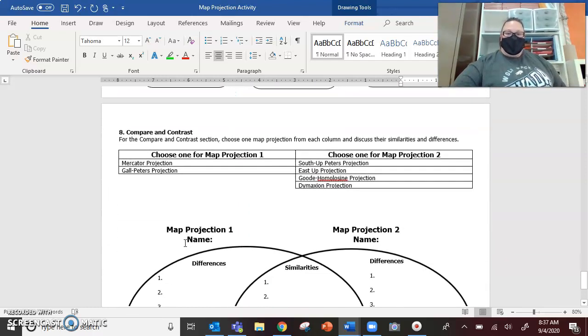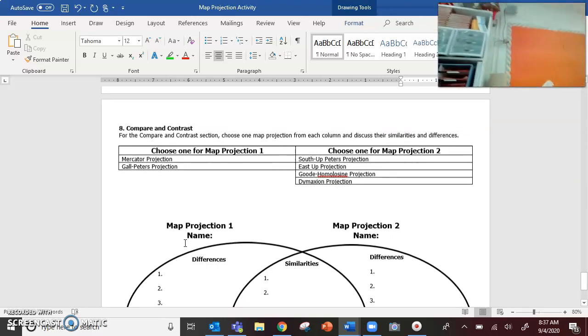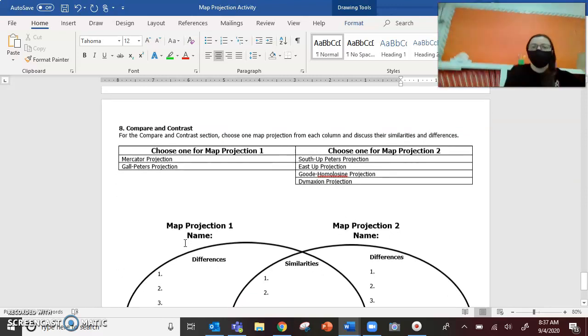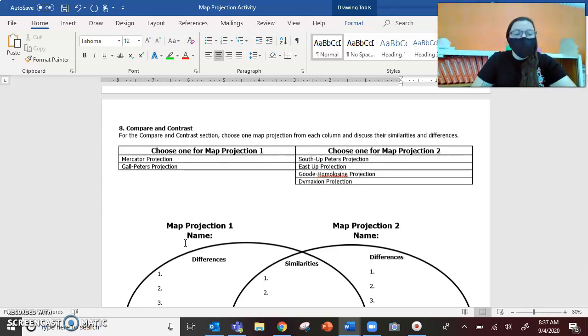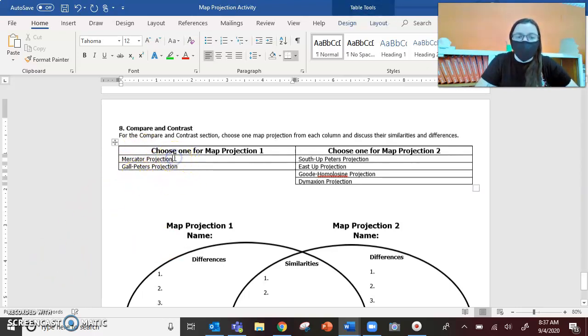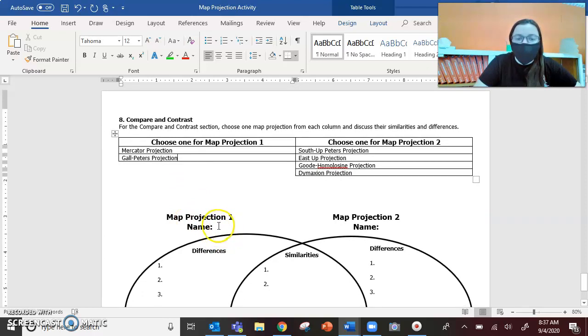When you are done with that, all right, so when you are done making your observations on maps, you guys are going to do a compare and contrast activity. So you are going to take one map from this column right here, either the Mercator projection or the Gall-Peters projection, and you're going to put that one here.